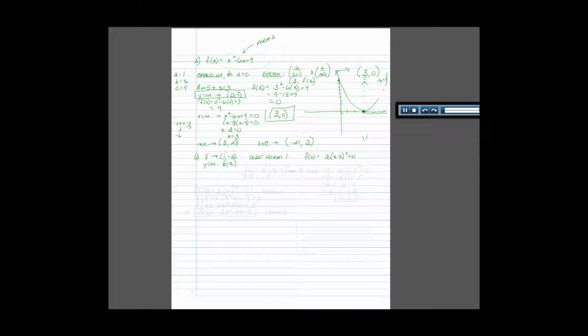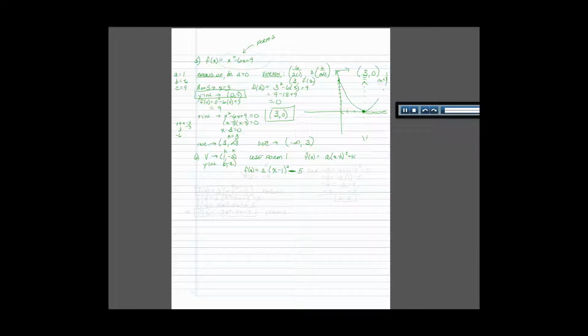Well, I have the vertex, so I know the h and I know the k. So I can start with f of x equals some a, because I don't know what that is, but I do know that the h is 1, so (x minus 1) squared, plus my k, which is negative 5, so that should have been take away 5.